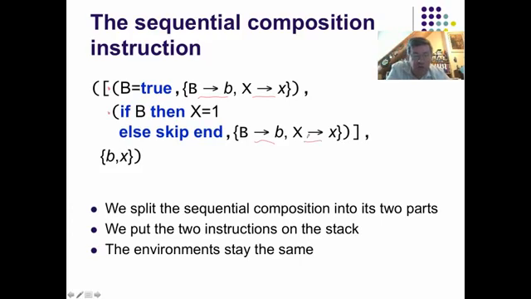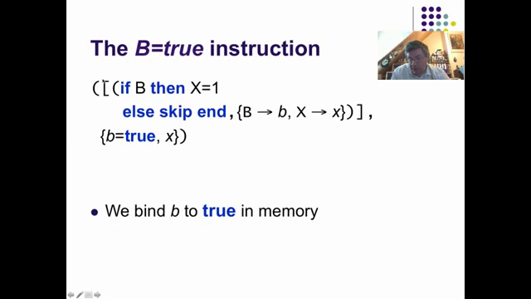They have not changed. The next step will take off the top instruction, which is b equal true, to execute it. This instruction will bind b to true in the memory, and that's all it does. Then we have a semantic stack with one instruction, which is the if.